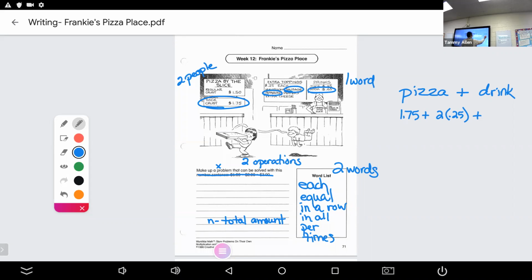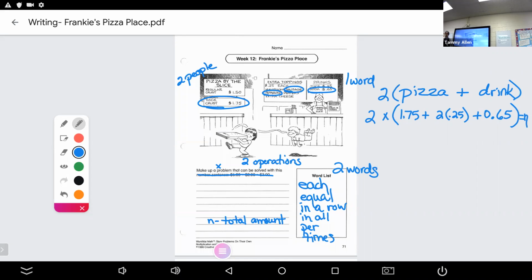65 cents, right? Now that takes care of one person, but we had 2 people doing this. So we want to multiply it by 2. To make it an equation, we need to say equals n.